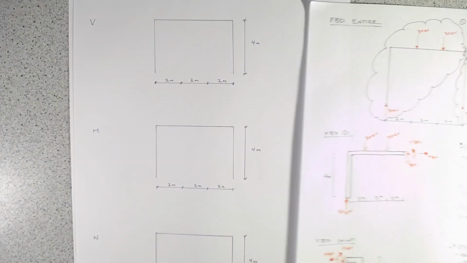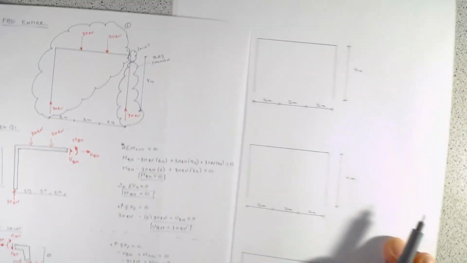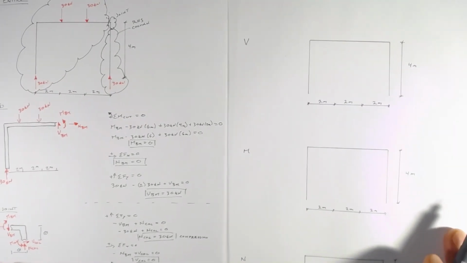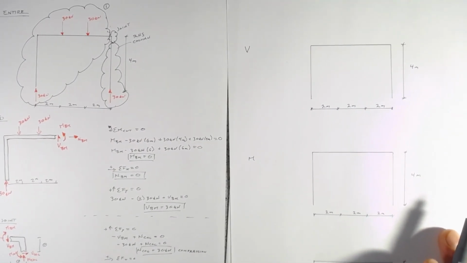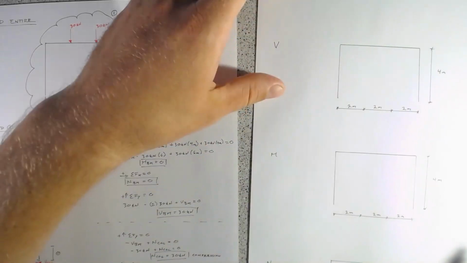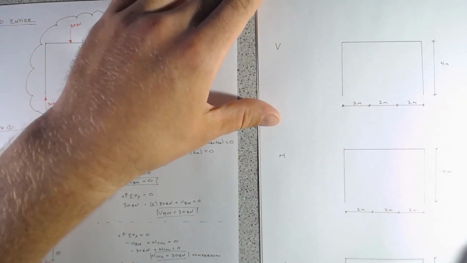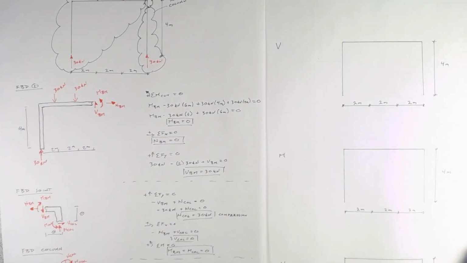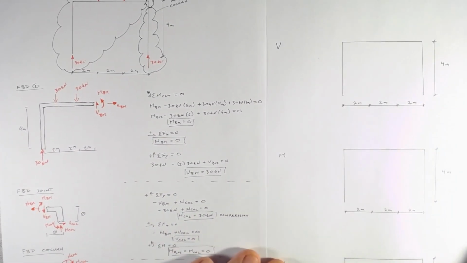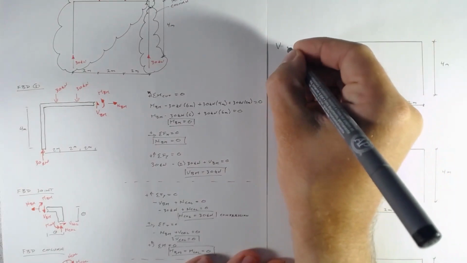So starting with our shear force diagram, in fact, what I might do is keep these two side by side and just try to get this on camera for you. There we go, and that gives us an opportunity to see what we have. For our shear force diagram, let's put our sign convention in here.